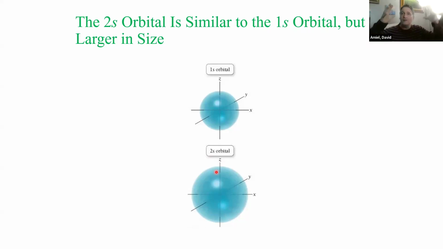Shape is the same, it's just bigger. A 3s is bigger than a 2s, and so forth. So size increases with the value of n. And we're really talking about the atomic radius, the distance from the nucleus to the outermost shell.